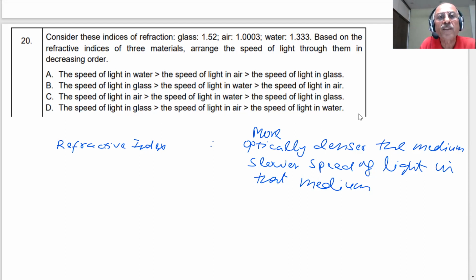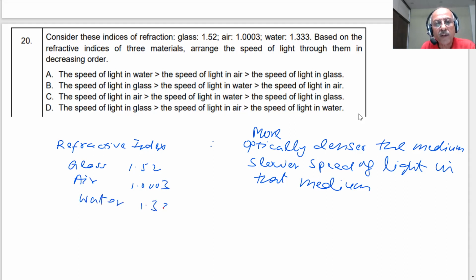Here, consider the indices of refraction. Refractive index of glass, how much? 1.52. And what is the refractive index of air? 1.003. And students, what is the refractive index of water? It is 1.333. Therefore, glass is the most dense material.